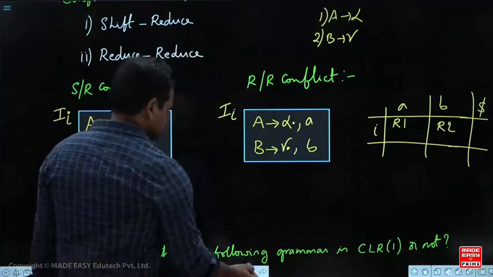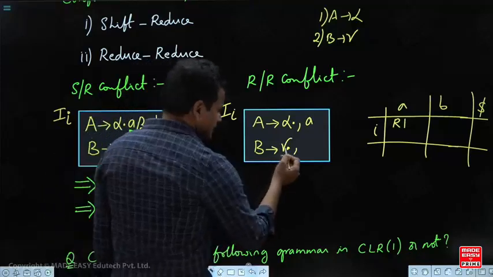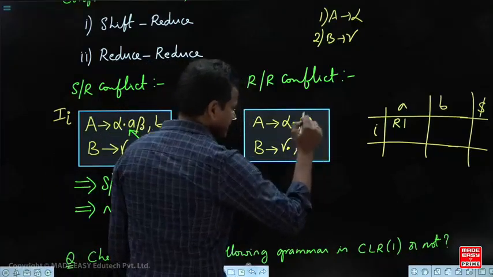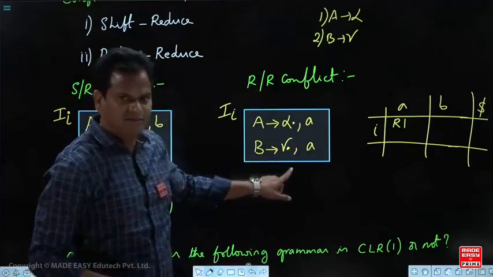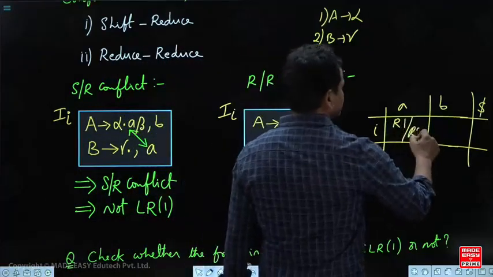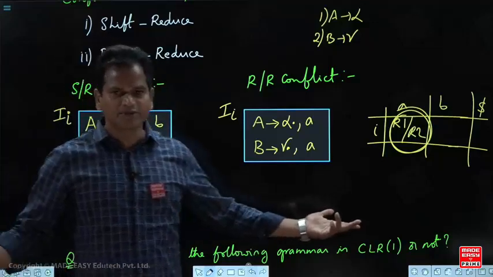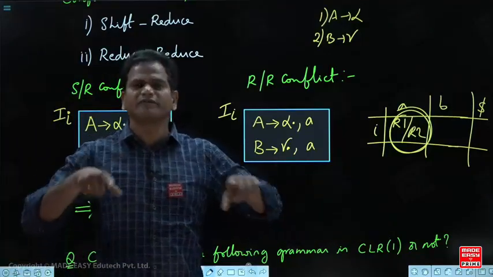So no conflict. Suppose, guys, the look ahead of this one is A. This is the final item, and if look ahead is A, so ith row, A column, we write the reduce. So reduce and reduce under the same box. Therefore, reduce reduce conflict, it is not CLR(1). So what is the final conclusion?